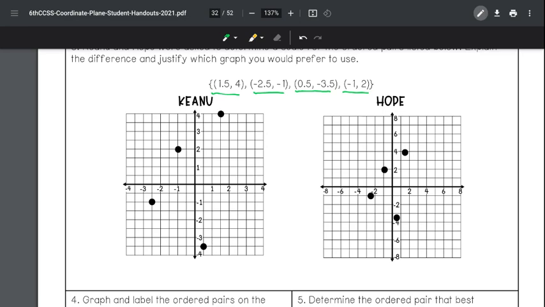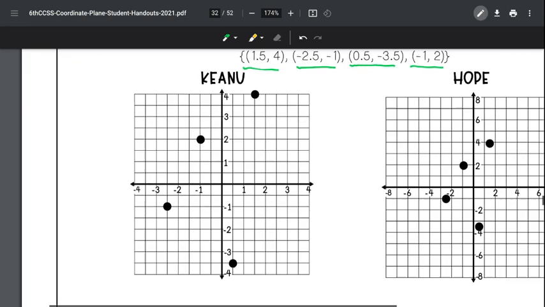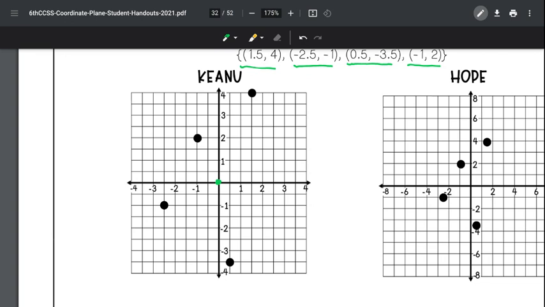So we can see, looking at Keanu's graph, that we have our origin, and then his scale's going up by 1/2. Okay? Every block that we go up by 0.5. So 1/2 or 0.5. And on Hope's graph, every block is 1. Okay, so the scale of 1 for Hope's.